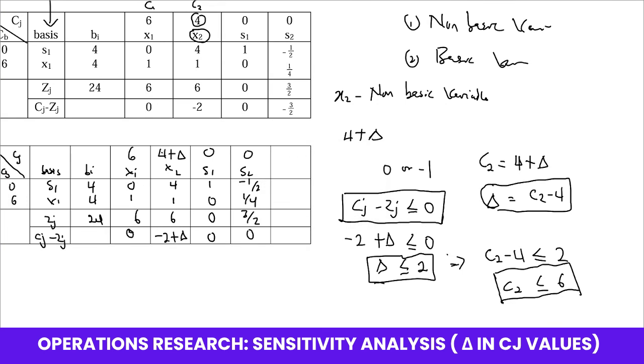There will not be a change in the optimal solution as long as the value of C2 is less than or equal to 6. So there is the sensitivity analysis for a change in the coefficient of a non-basic variable.